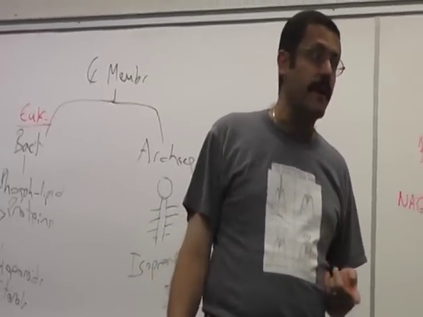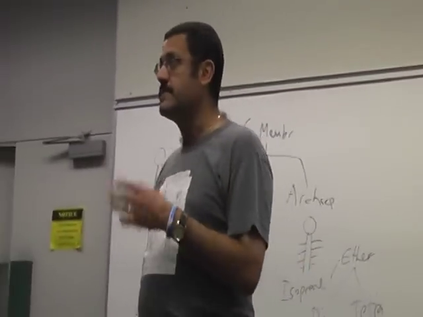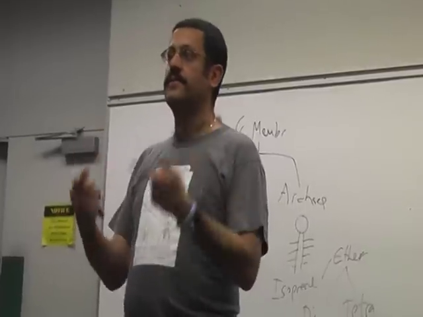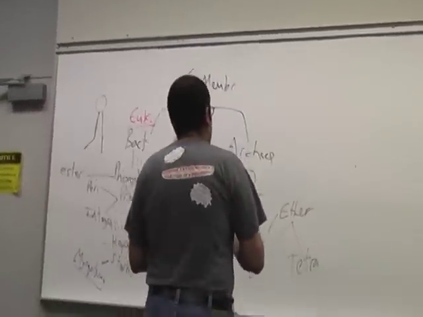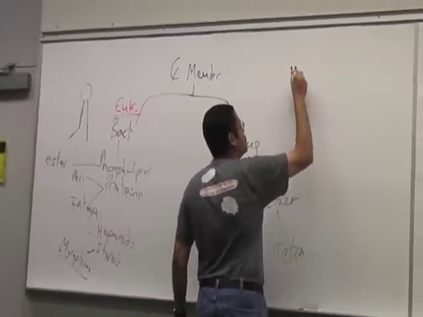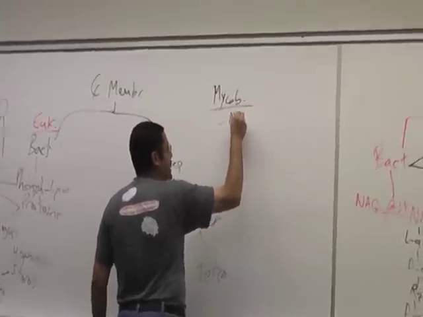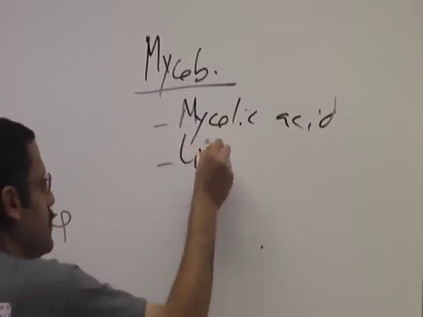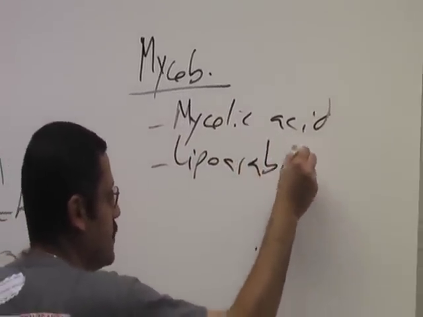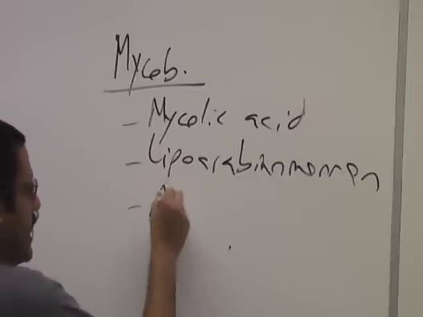And finally, Mycobacterium possesses a cell wall, but it's unusual. Why? It has modified peptidoglycan, lipoarabinomannan. So these are other terms that you have to remember. Mycobacterium has mycolic acid, it has lipoarabinomannan, it has arabinogalactan.